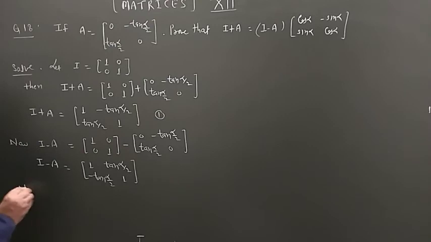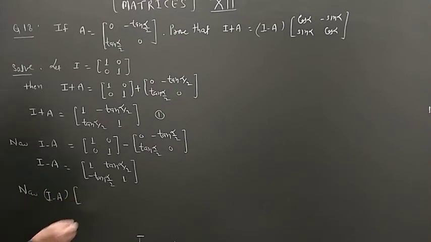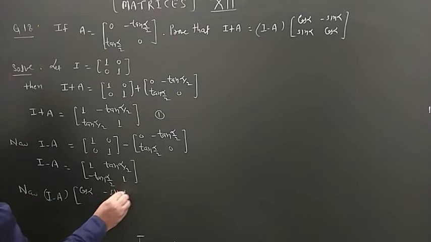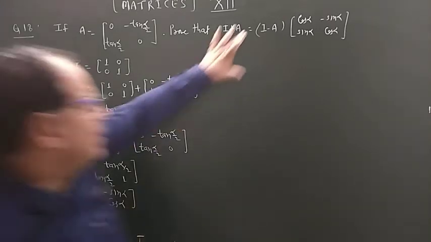Now I minus A into cos alpha minus sin alpha, sin alpha cos alpha. This is our right hand side.